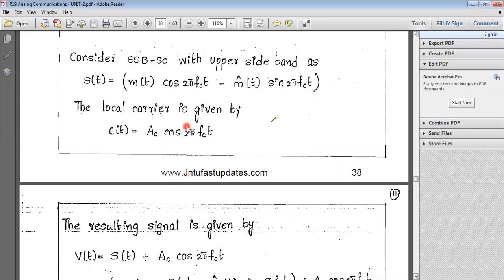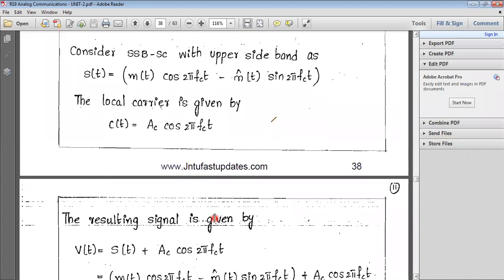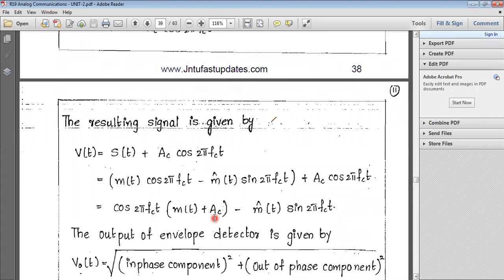And take the local carrier signal. Why is it called local carrier? It is always generated from a local oscillator, therefore it is considered as local carrier. So C of t equals Ac cos 2 pi fct. Now you calculate V of t. What is V of t?